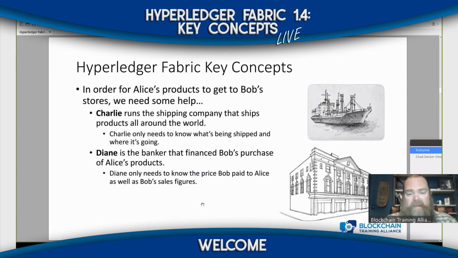And by the way, Bob's sales figures, how these items are selling in his store, is most likely not going to be information that Bob is going to share with Alice unless they've worked out some kind of just-in-time inventory solution. Most likely that's information Bob is not sharing with Alice. So the fact that Bob and Diane can share a channel allows Bob to share those store sales figures with Diane without sharing them with Alice.